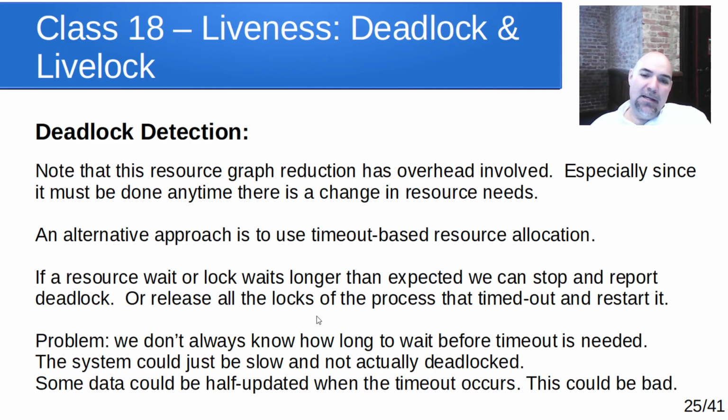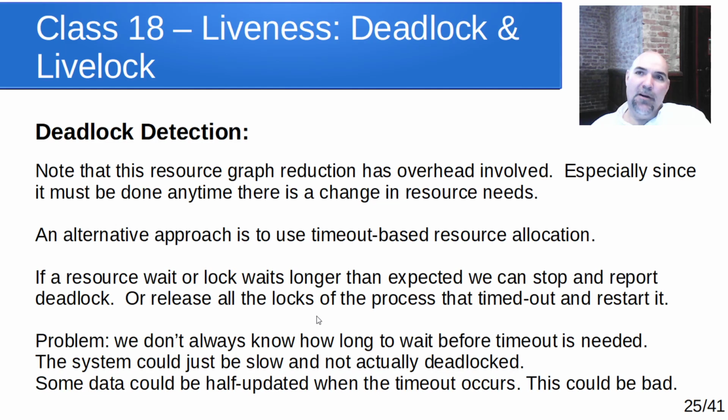And there is an alternative approach that uses a timeout-based resource allocation. In other words, you hold on to a resource while you're waiting, but only for a certain amount of time, and then you have to give it up. If a resource or lock waits longer than an expected period, we can stop and then report deadlock, or release all the locks of the process that timed out and restart it.